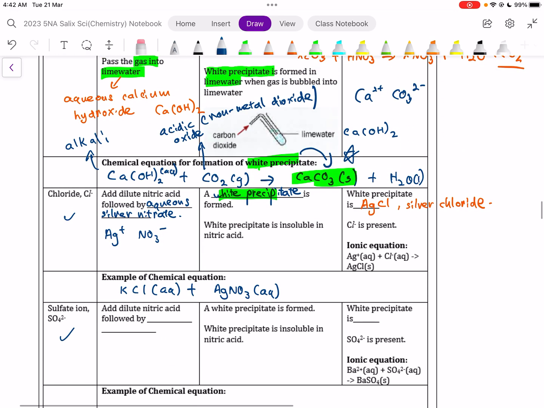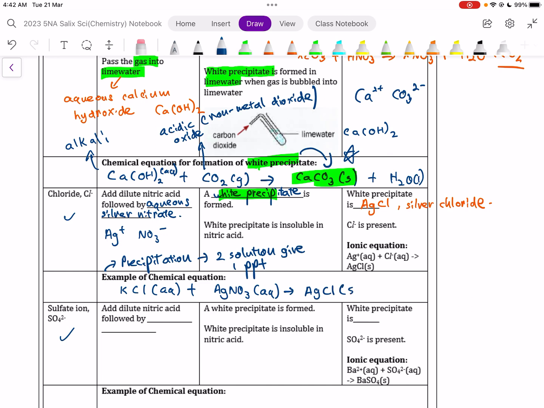So this will give you silver chloride. You are doing a precipitation reaction. So basically it is two solutions together as the reactants, then give one precipitate.